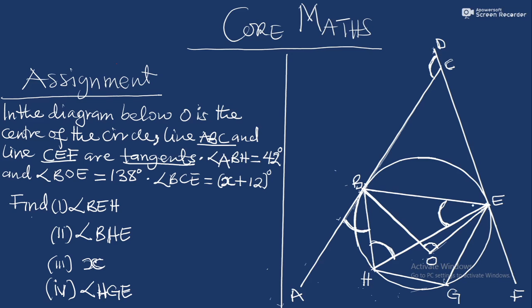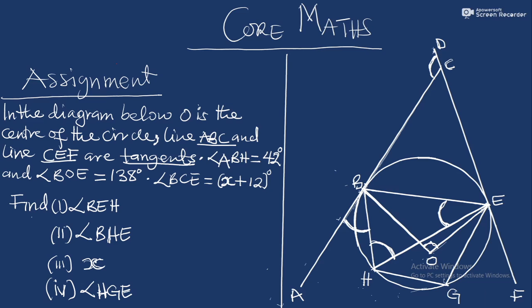Now this same chord BE forms the angle at the center here, which is O. It is the same chord BE that formed the angle at H here, which formed the angle at center here. So we learned that anytime a chord forms an angle at the center and the same chord forms an angle at the circumference, the angle at the circumference times 2 will give us the angle at the center.